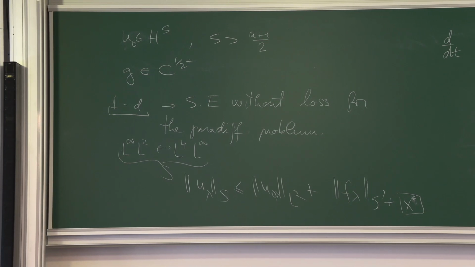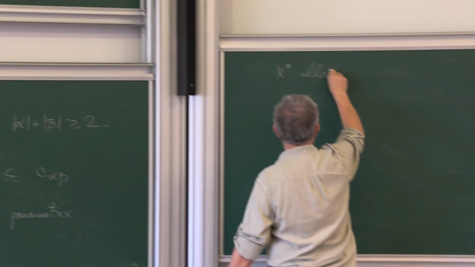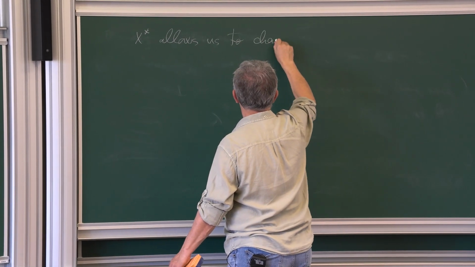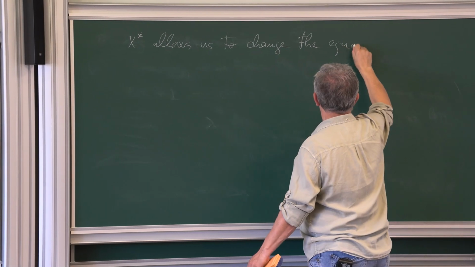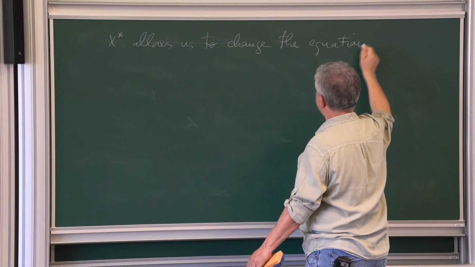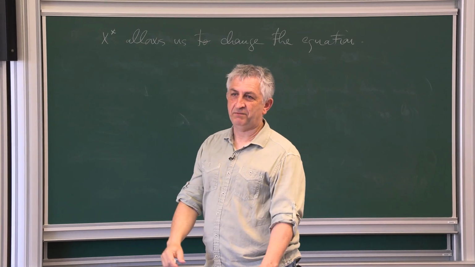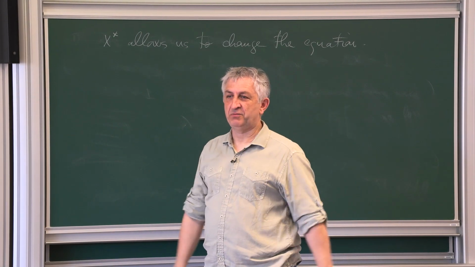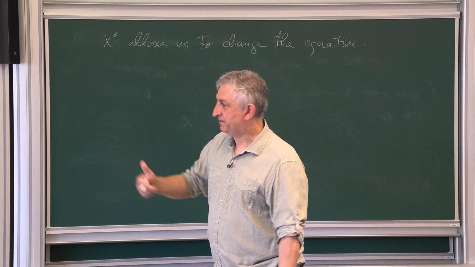And one advantage is that X star allows us to change the equation. And this is something in terms of Strichartz estimates. This is a game that maybe many of you have played. You have an equation, lots of terms. Maybe some of those terms are perturbative. You try to throw them away, right? And it's the same kind of game in here.